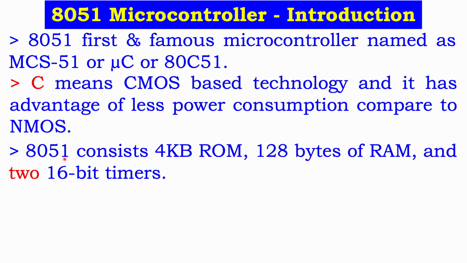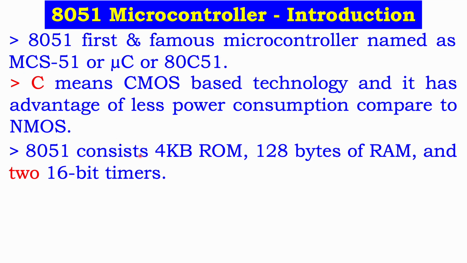Next, the 8051 consists of 4 KB ROM program memory and 128 bytes of RAM volatile memory to store the data, and it also has two 16-bit timers to produce the required delay for the user application.